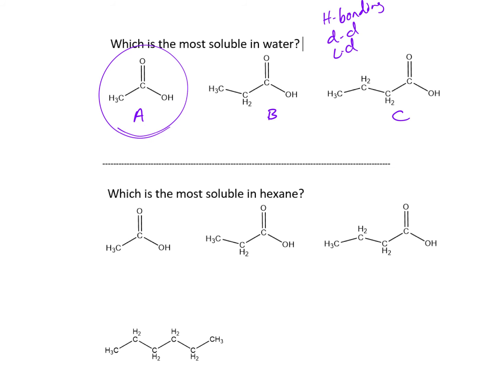So, which goes to this question. Same three compounds back of this question we just did. We decided that A was going to be the most soluble in water. If we consider what's going to be most soluble in hexane, that's this molecule. Take a look at the structures. In terms of similarity, relabel these A, B, C. C has lots of hydrocarbons, and so it should be more soluble in hexane.